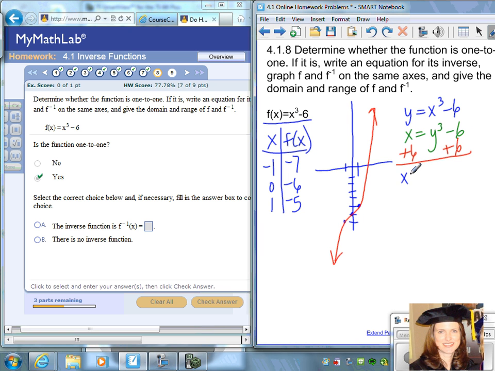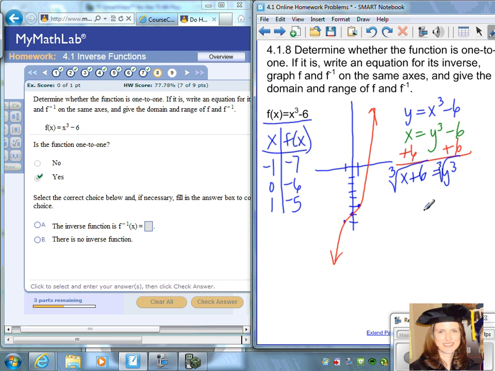And we get x plus 6 is equal to y to the third. And to get y by itself, we're going to take the cube root. If you had a y squared, you would take the square root. Now we're going to take the cube root of both sides. That's a little 3 over the radical.